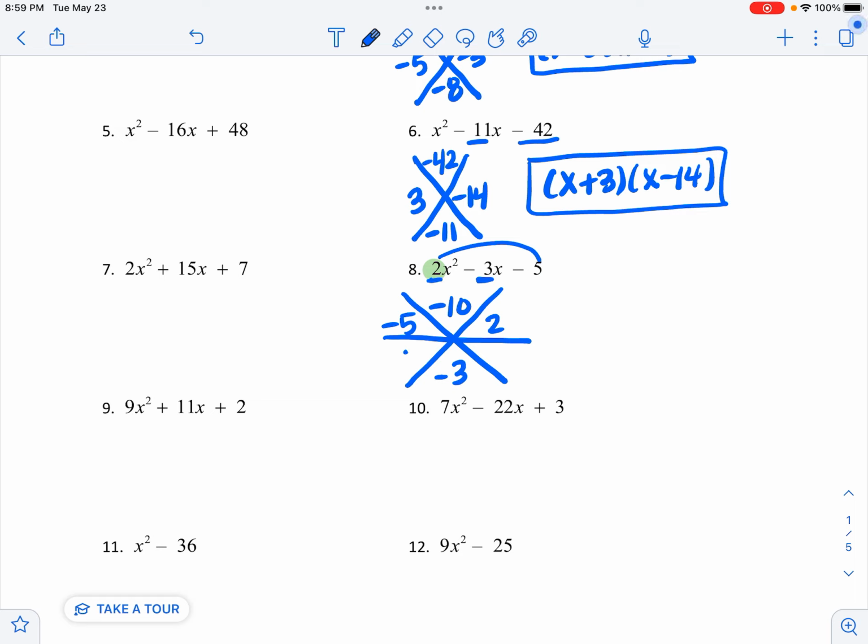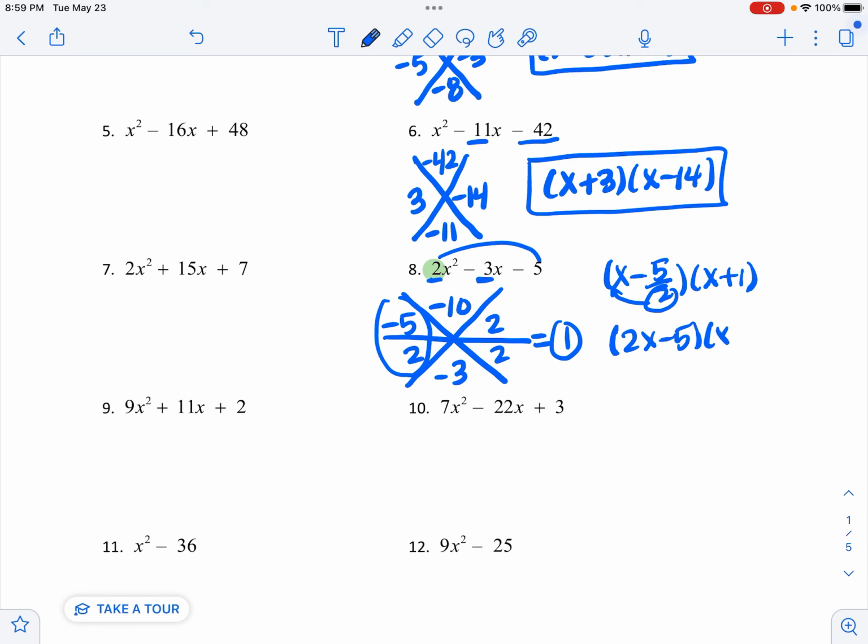This leading coefficient, which is a 2. Now I know that 2 over 2 is going to equal 1, and negative 5 over 2 does not reduce, so I'm kind of stuck there. So this would factor to x minus 5 over 2, and then times x plus 1. But I don't want to leave it with fractions, so I'm going to go ahead and take this 2 and move it up. So that's going to be 2x minus 5 times x plus 1.